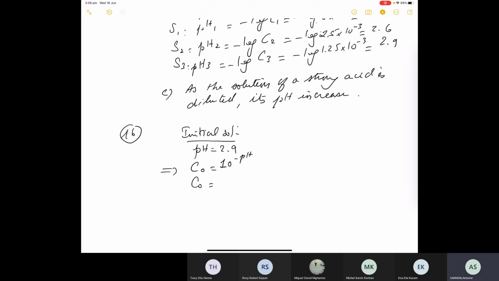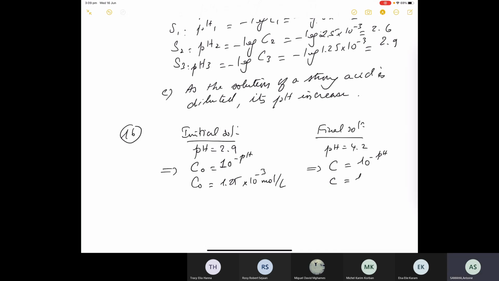C0 is equal to 1.25 times 10 negative 3 mole per liter.